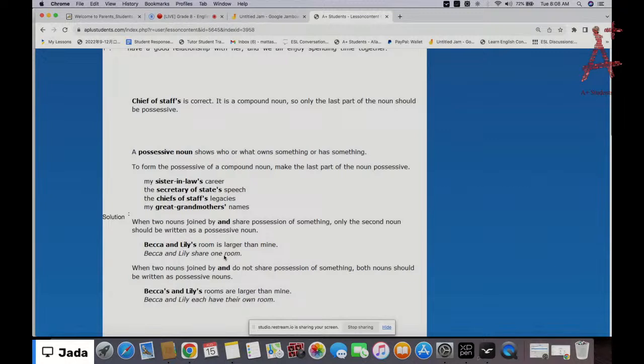So they should be written separately, just to differentiate them, to show that they're not sharing possession.